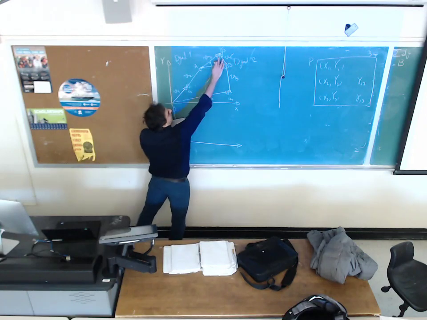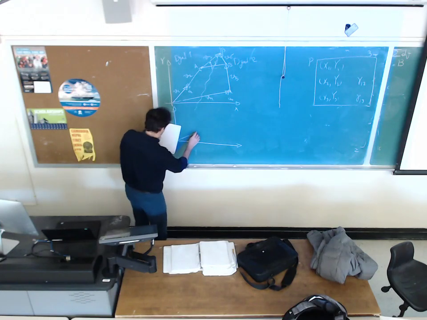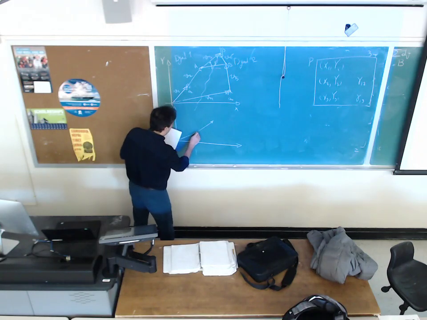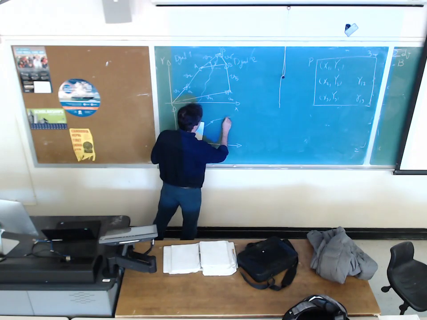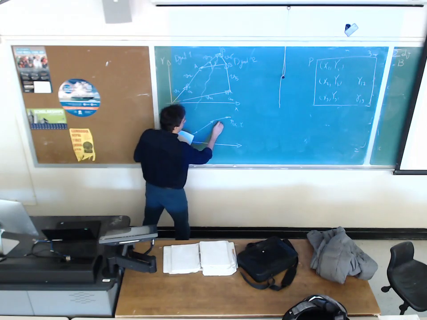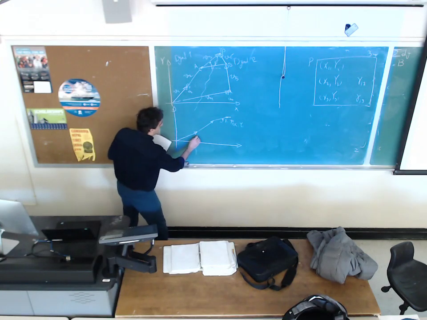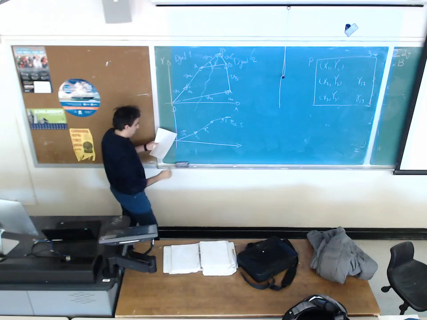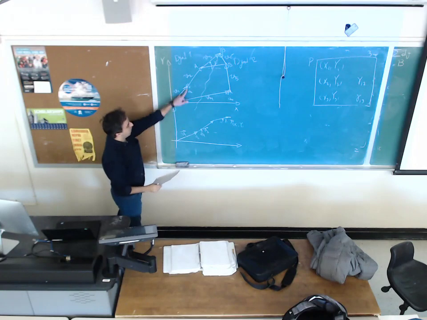So if I draw the first diad here, this is vector V1, I draw it here.